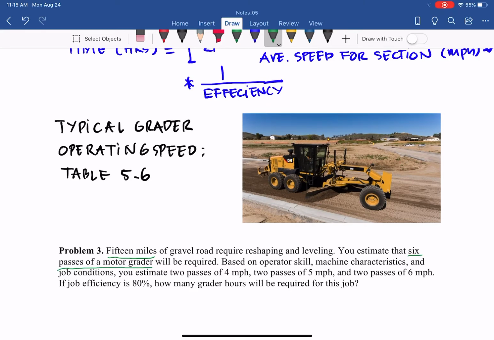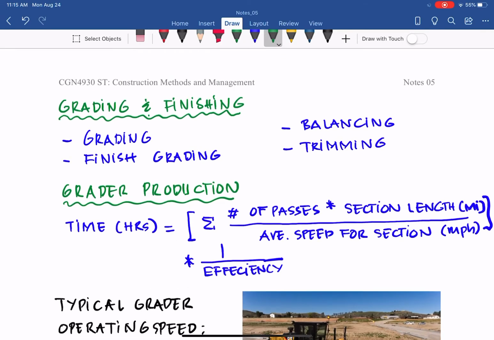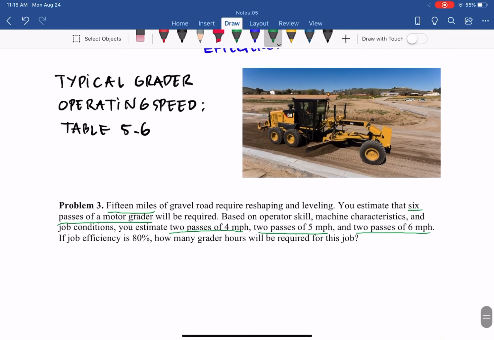Based on the operator skill, machine characteristics, and job condition, you estimate 2 passes at 4 miles per hour, 2 passes at 5 miles per hour, and 2 passes at 6 miles per hour. So the speed can be specified to maintain the requirement for the level and slope of this grade. The job efficiency is 80%.